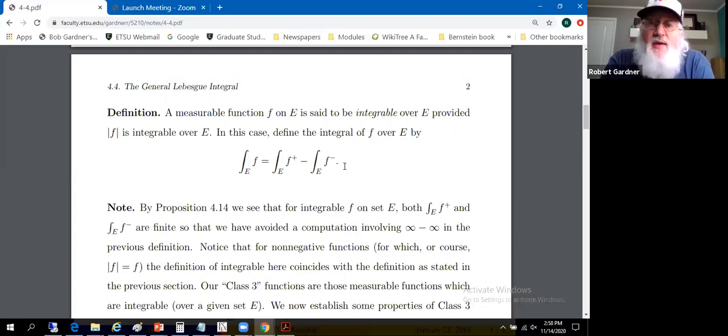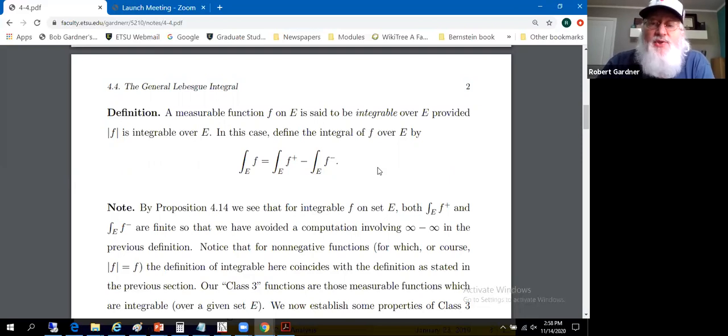Okay, well, everything in sight is finite with this integrable hypothesis, as we just saw. If the absolute value is integrable, then the positive and negative parts are integrable, so no infinities here, and it makes sense to take a difference of those two. And that's totally how you ought to be computing these integrals, just with the foresight that we better be careful about divergence and infinity minus infinities.